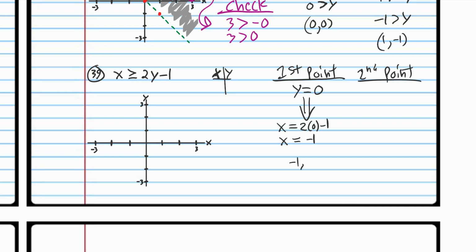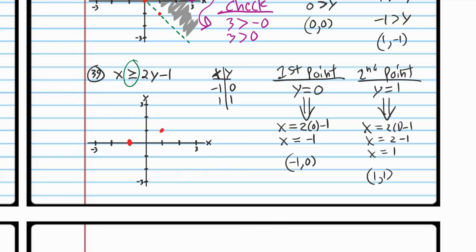So we have negative 1, 0 as one point, and then let's let y equal 1. x is equal to 2 times 1 minus 1. And then we get 2 minus 1 is 1. So our point is 1, 1. And so negative 1, 0, and 1, 1, and connect the dots.